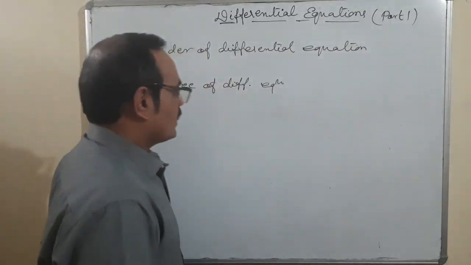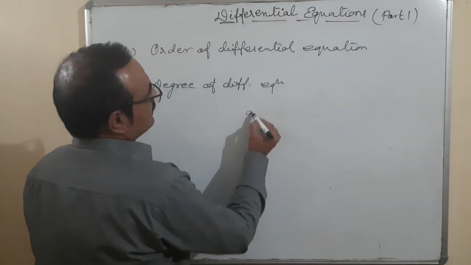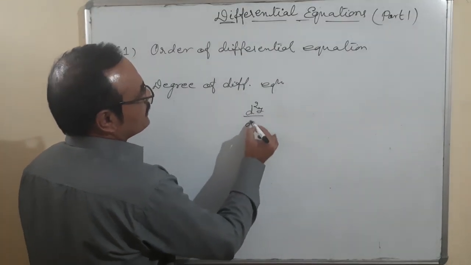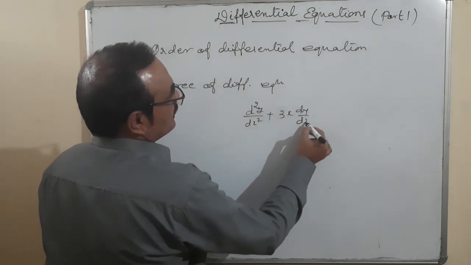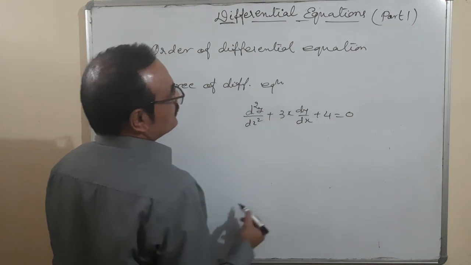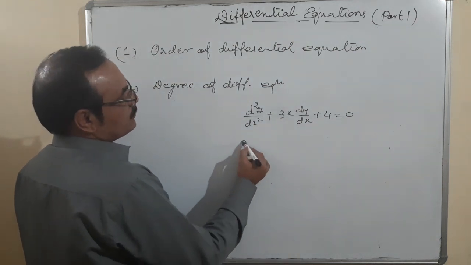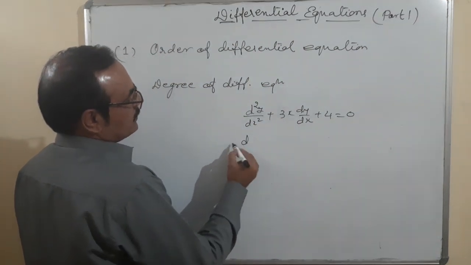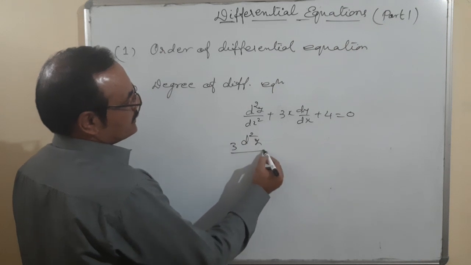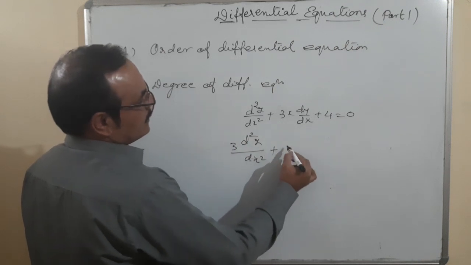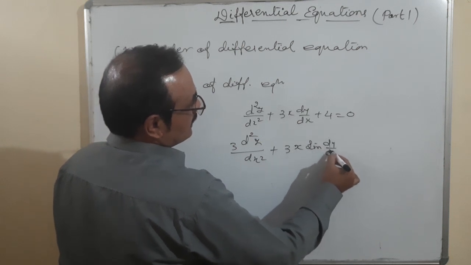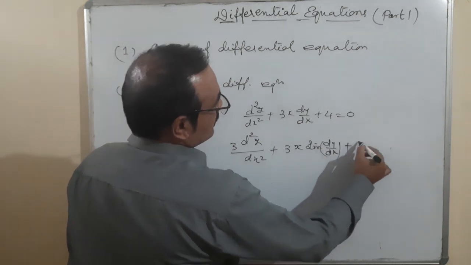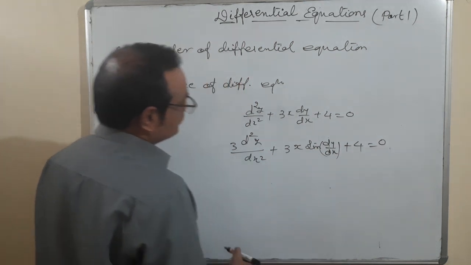One or two examples I am writing here: d square y by dx square plus 3x dy by dx plus 4 is equal to 0. Then 3 d square y by dx square plus 3x sine of dy by dx plus 4 is equal to 0.